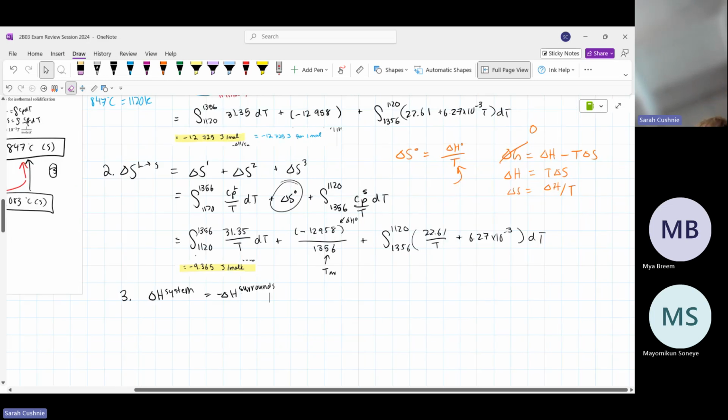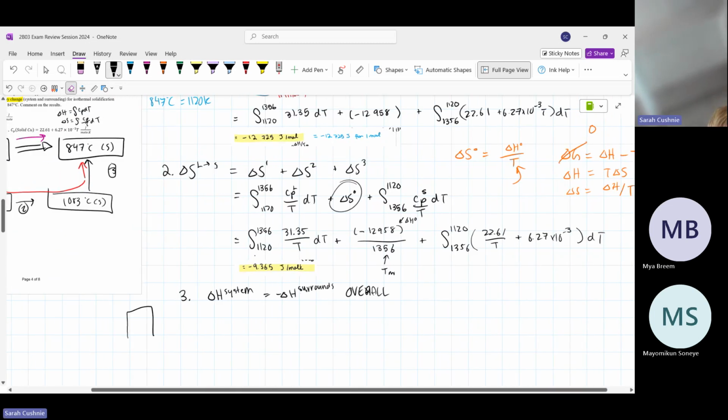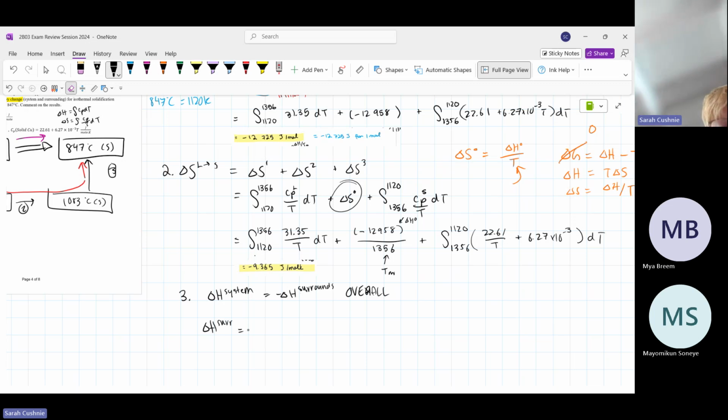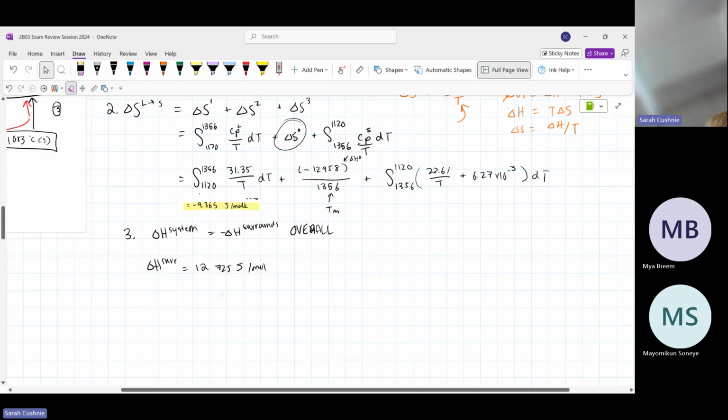We're not looking at a specific temperature anymore. Now we're looking at the overall, not the little pathway that we came up with. So we know that delta H of the surroundings must be equal to 12,725 joules per mole, because that's the negative of what we got in part 1.